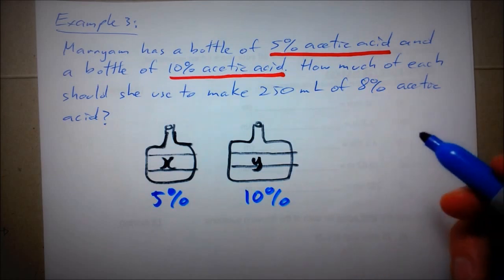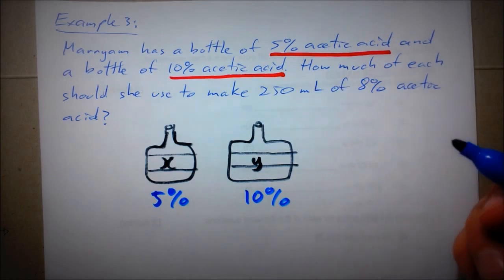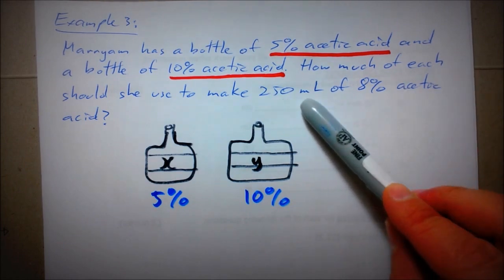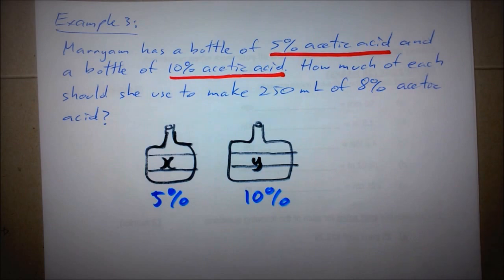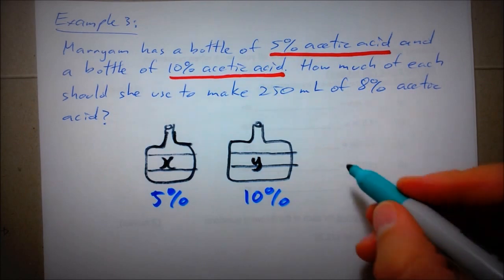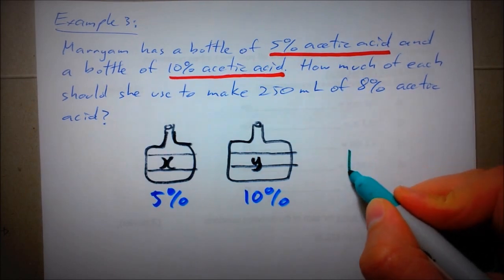Now we do know this, that at the end she wants to get a total of 250 milliliters with 8% acetic acid, right? So let's do this bottle. Let's make it green.